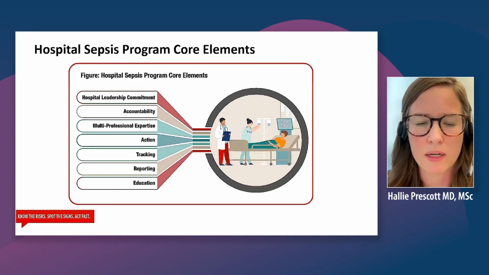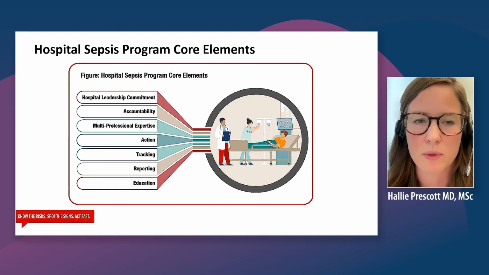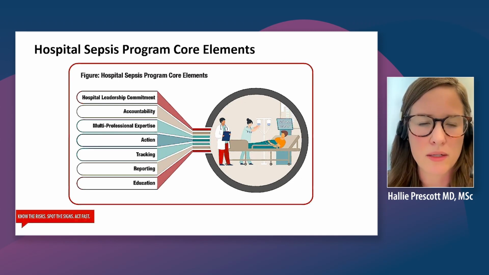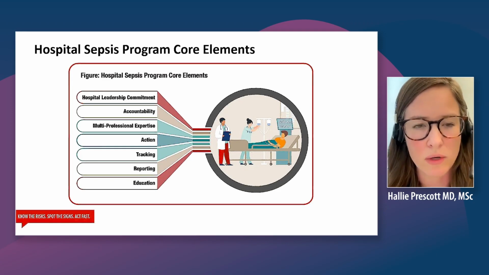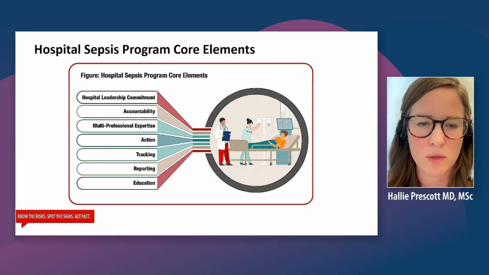Accountability talks about having a defined leader or co-leaders for the hospital sepsis program, as well as setting realistic but stretch goals for your program and holding yourself and your hospital accountable and tracking progress towards meeting those goals. Multi-professional expertise talks about the sort of broad number of stakeholders that it's important to engage in these programs. Sepsis is something that can happen to really any patient anywhere in the hospital, and so it's important to have engagement across different disciplines and specialties.